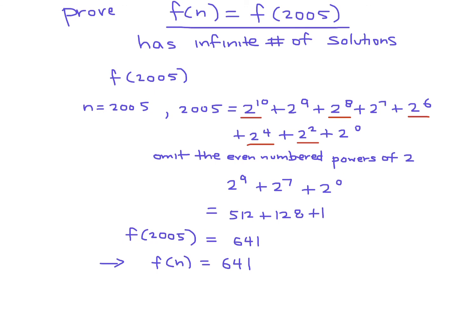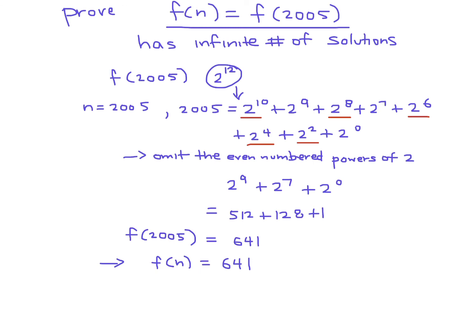Is there any other n for which I get 641? And the answer is, of course there is, because if you add any single even numbered power, for example if you added 2 to the power of 12, when I use my system, I'm going to take that out.